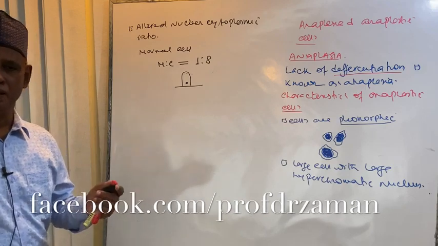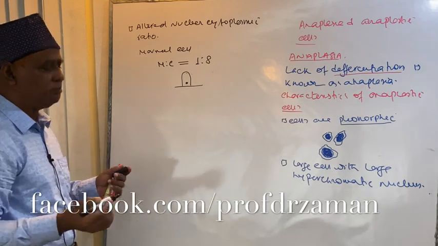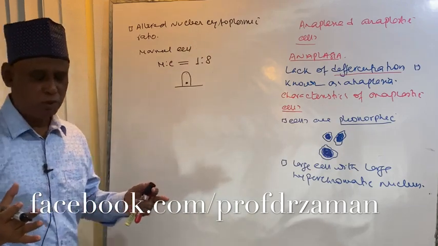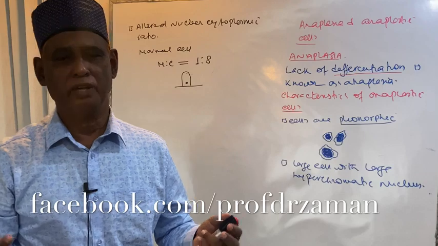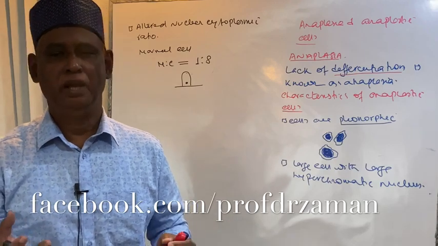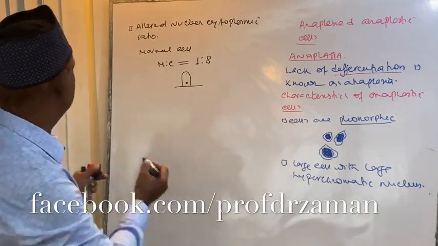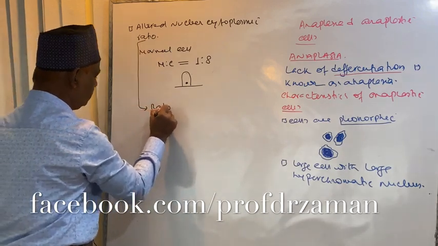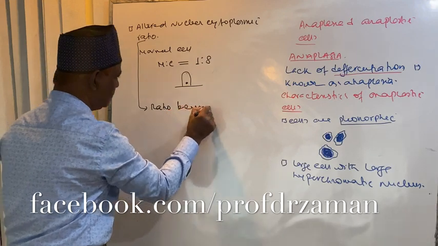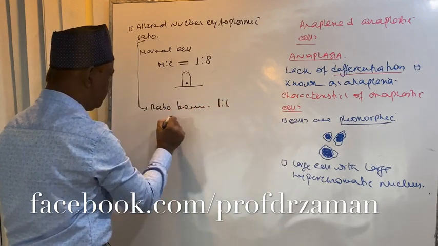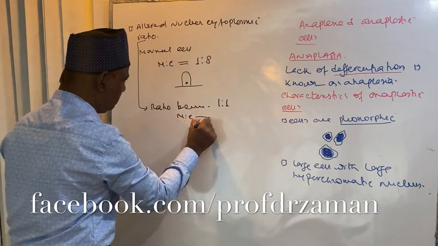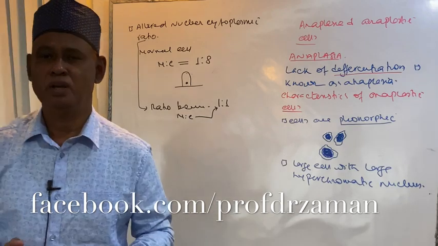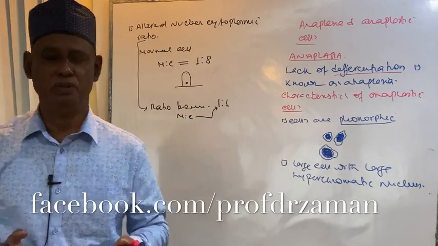If it is an anaplastic cell and a malignant cell, the nucleus will be large and hyperchromatic, and the cytoplasm will be minimum, so there is alteration of nuclear cytoplasmic ratio and the ratio becomes 1:1. So what is the alteration? The NC ratio becomes 1:1. Why? It is due to the large nucleus.